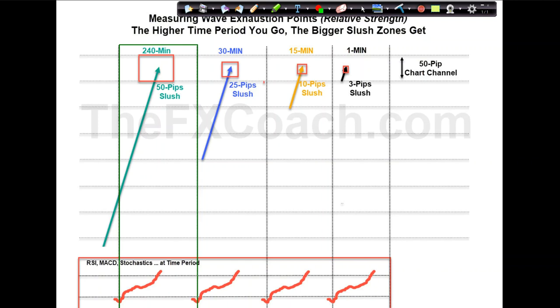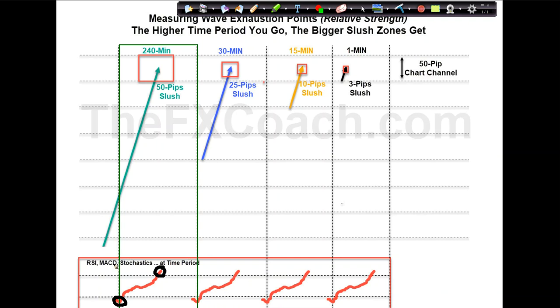Our RSI is a relative indicator. Our stochastics would be a relative indicator. By relative, it means it's telling you, oh, this is a top. Oh, this was a bottom. In this case, we're in an overbought situation, so we're expecting reversal at some point.